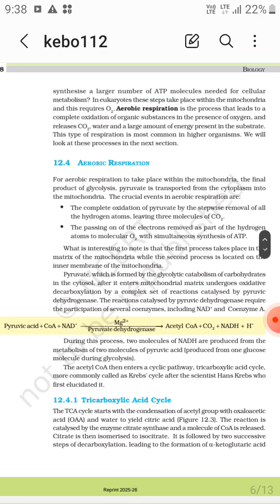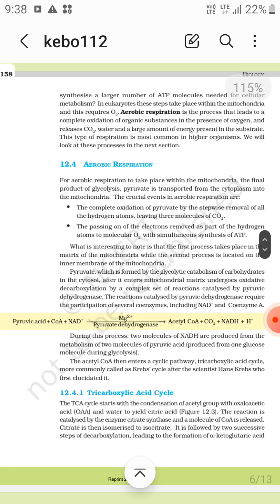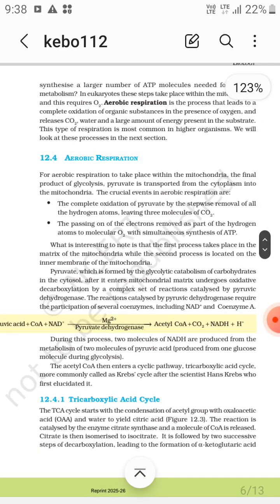So this one is the first key. The second one is the passing on of the electrons removed as part of the hydrogen atoms to molecular O2 with simultaneous synthesis of ATP. So these are the two key features.